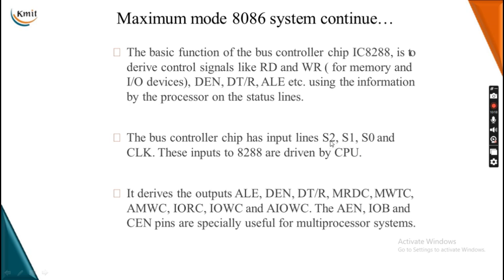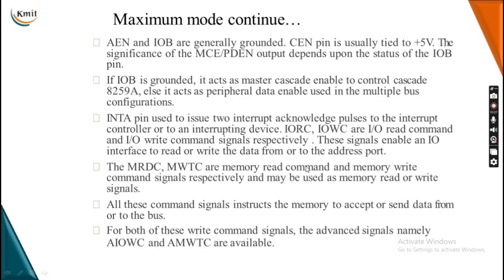So it has input lines S2, S1, S0 and clock, and these inputs are given by the CPU. AEN and IOB are generally grounded. The CEN pin is given 5 volts.